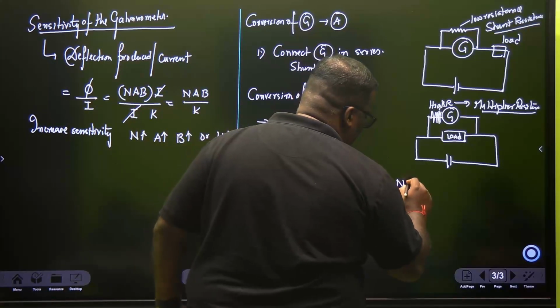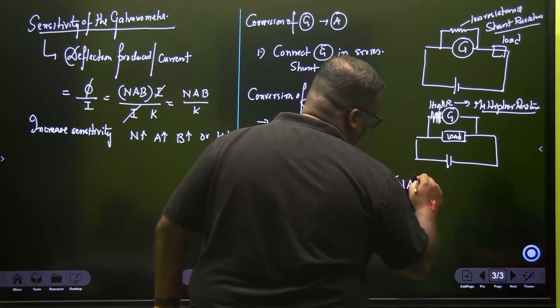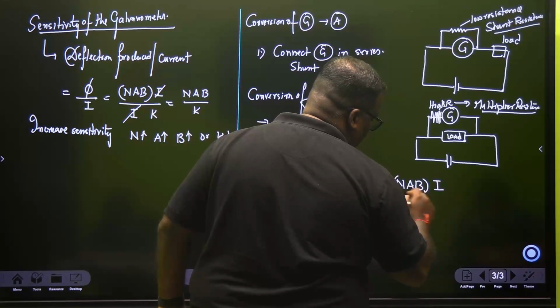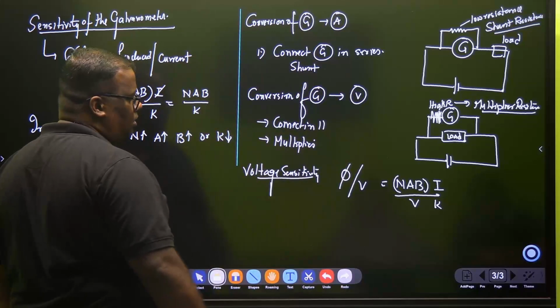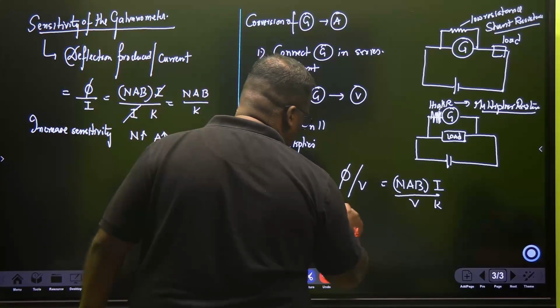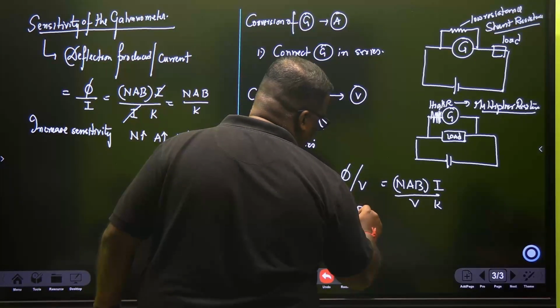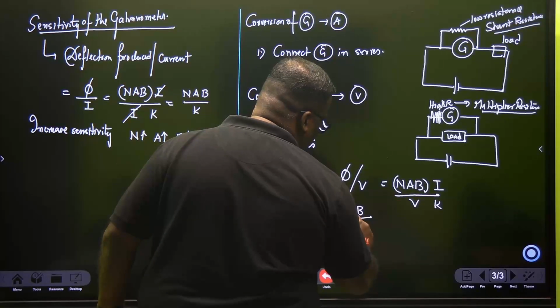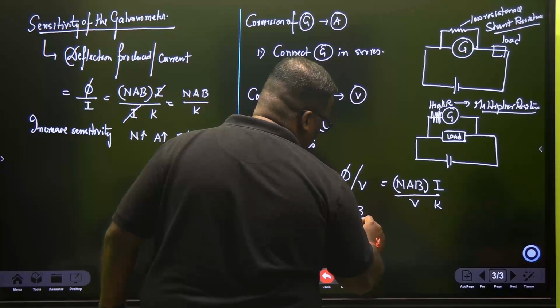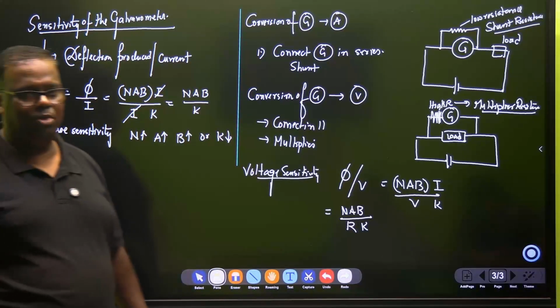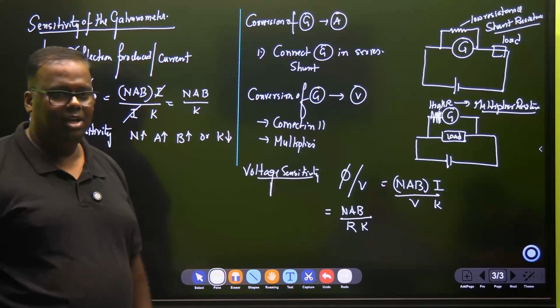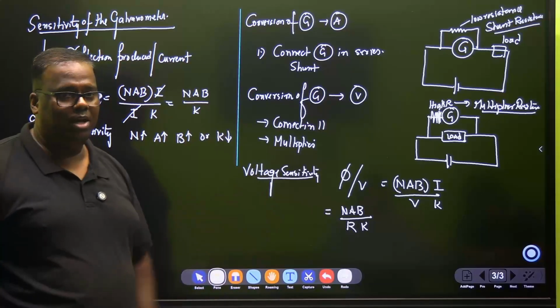Deflection was NAB I by K, and this V has come. Agreed or not? So if you see this, I can write it as NAB. What is I by V? The circuit overall resistance multiplied by K. I by V is 1 by R. And this R is the multiplier resistance.